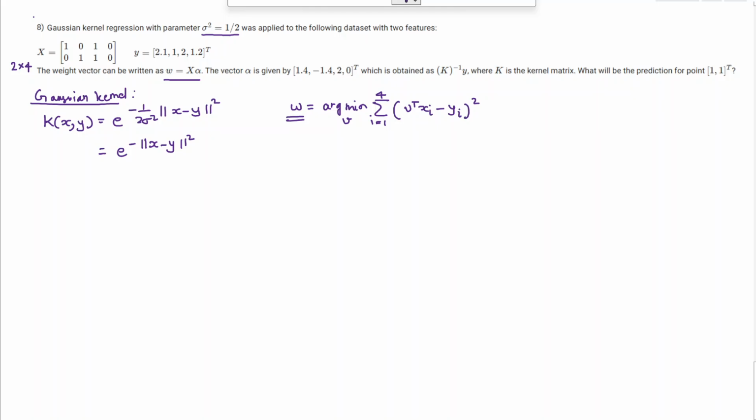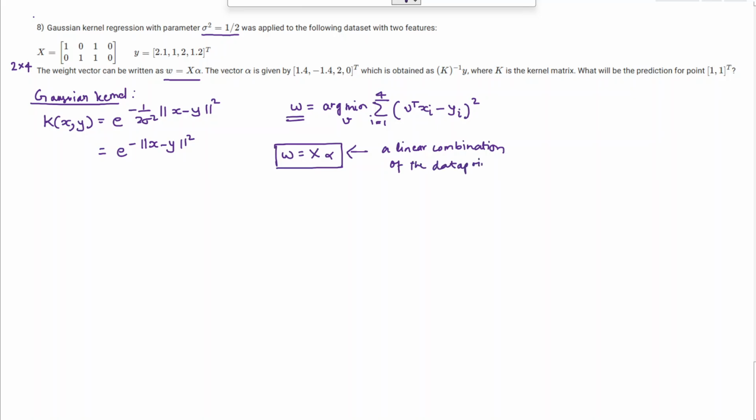And it says that it's written as w equal to X times alpha. So what does this mean? This means that the weight vector is written as a linear combination of the data points.